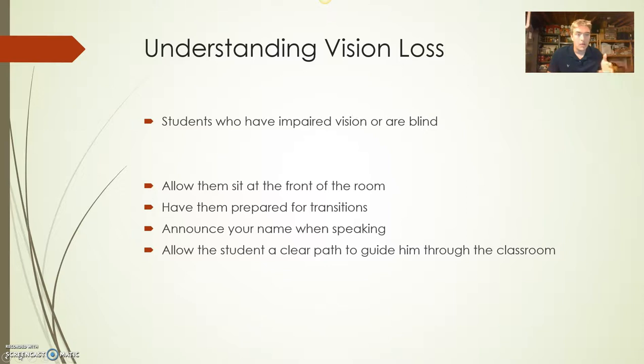When you're speaking, announce your name. For students who are blind or can't see very properly, you can't just assume that they recognize your voice. You have to announce your name, and then begin speaking. And also allow your student a clear path to guide them through the classroom if they need to go throw something away in the trash can or to get out of the classroom.